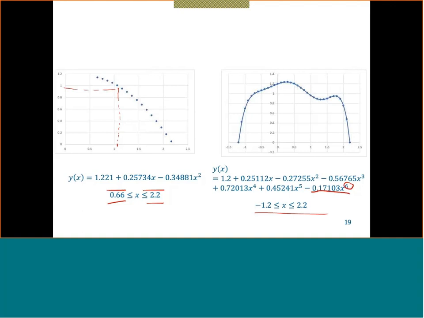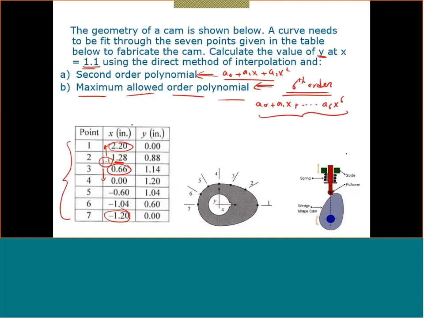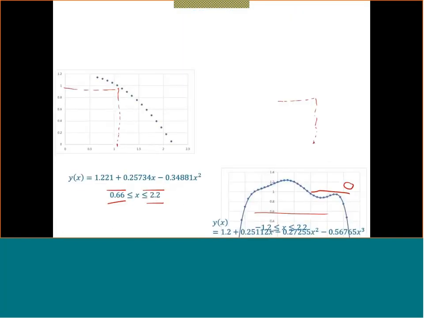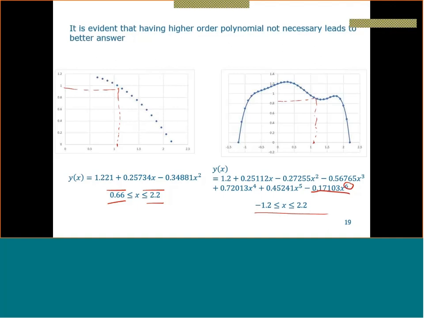When you go to 1.1 here and try to find the value, it looks to me way off. And even the curvature, you can see here that this does not really look like this curvature. So it is clear that having a higher order polynomial is not necessarily going to lead to a better answer.